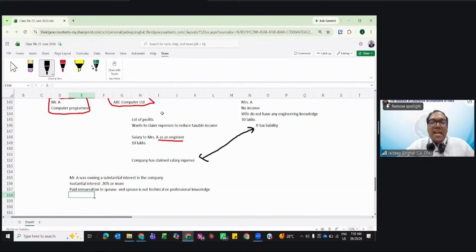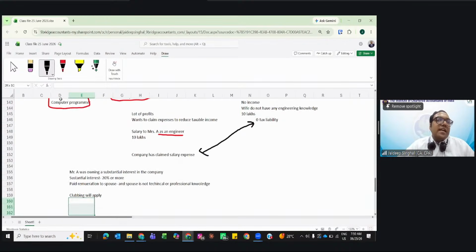If clubbing will apply, everything will be sorted. This income will be taxable in the hands of Mr. A, who already has a lot of income, right? So in this case, clubbing will apply. In whose hands will the clubbing apply?